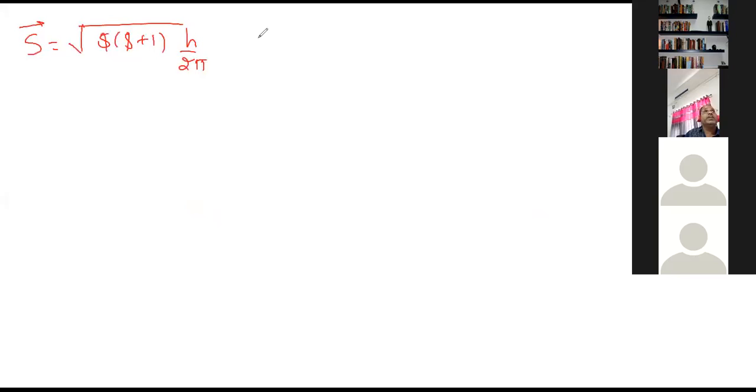S bar will represent the square root of s into s plus 1, just like L bar is the square root of L into L plus 1. Just like that, S bar represents the magnitude of spin. So what I said is that this spin s is always plus minus half.